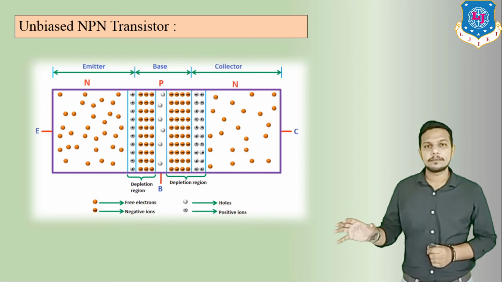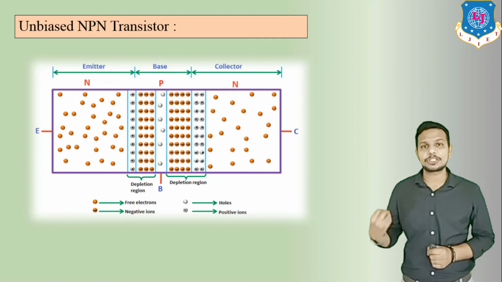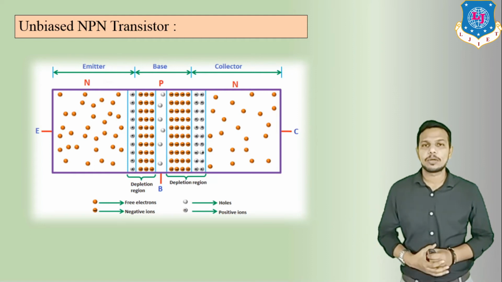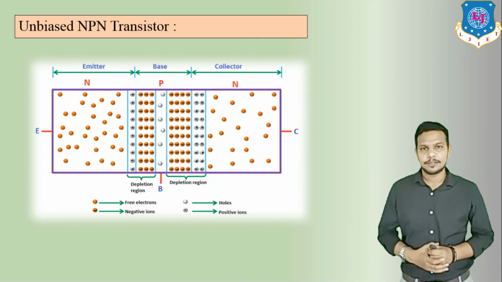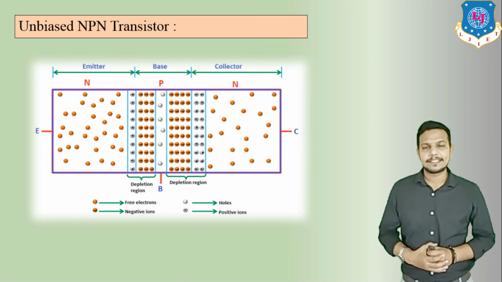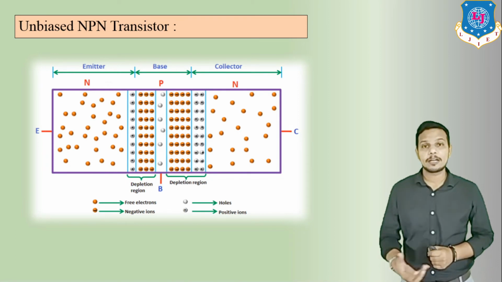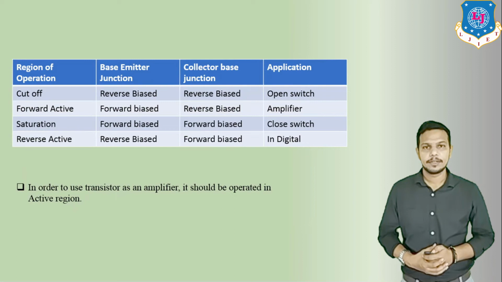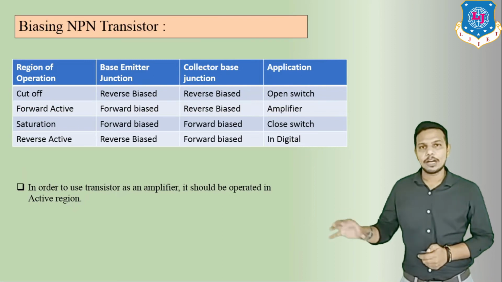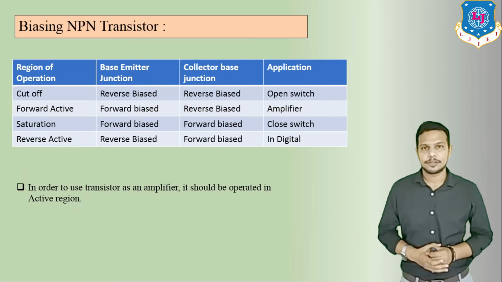So if we want current to flow, if we have to push these electrons, we have to connect a battery, that means a DC supply. So it becomes biasing. Here we can see biasing of the NPN transistor.